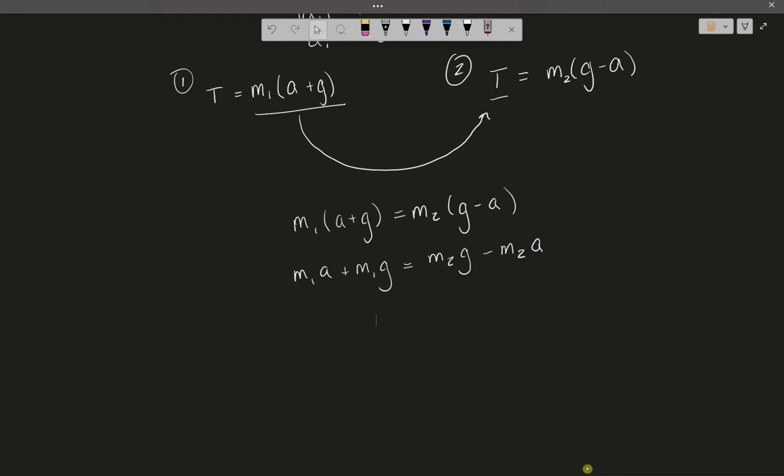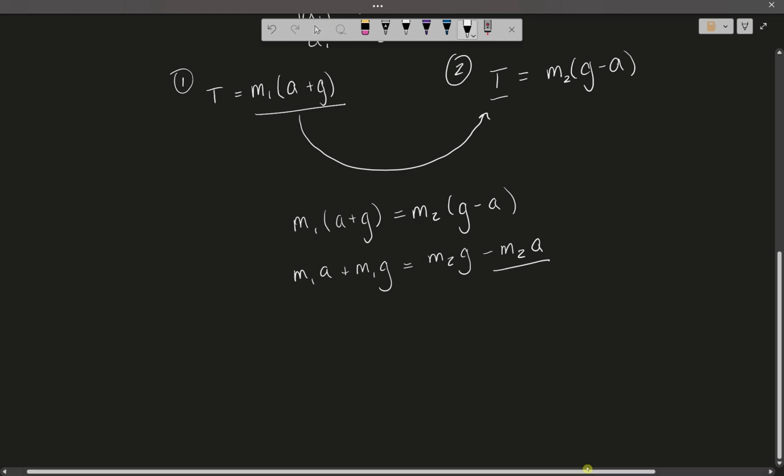So the next thing I want to do is get the a's all together on the left-hand side. This means I'm going to move m2a over to the left-hand side, and I'll move m1g over to the right-hand side. So this will give me m1a plus m2a is equal to m2g minus m1g.